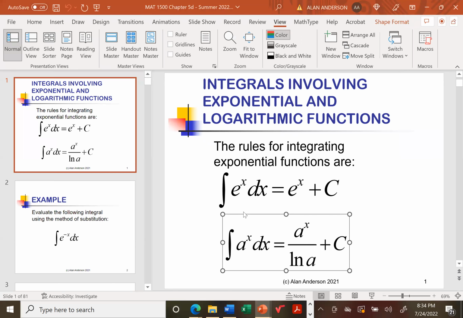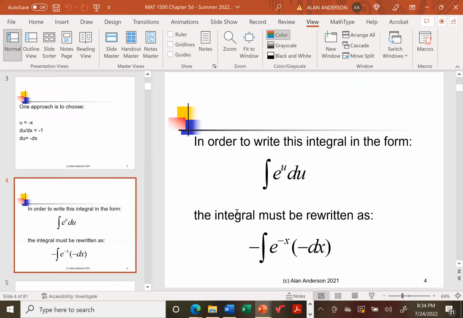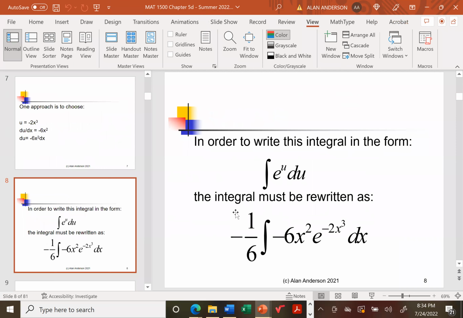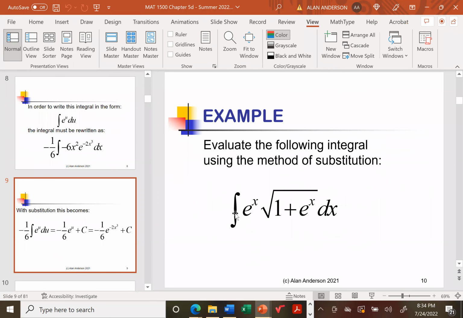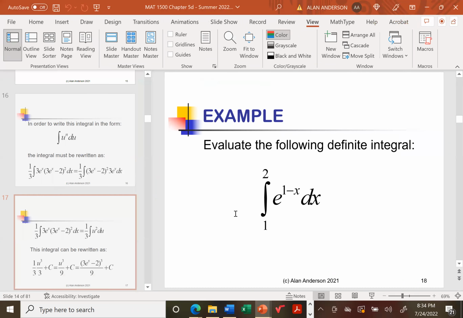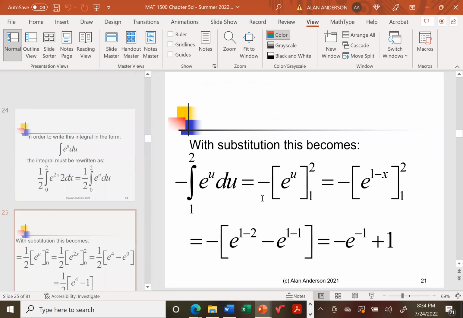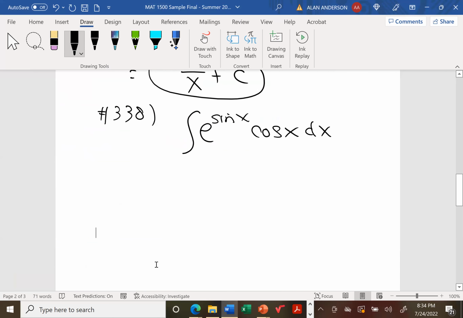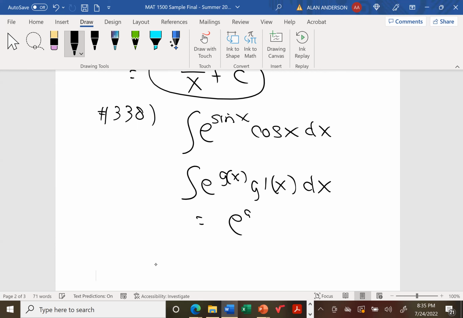We have e to the x dx here, but we need e to the g of x. I'm not sure if we have a specific example of this. So let me just show you what this is all about. Whenever you have something like this, you're going to wind up with e to the g of x plus c.